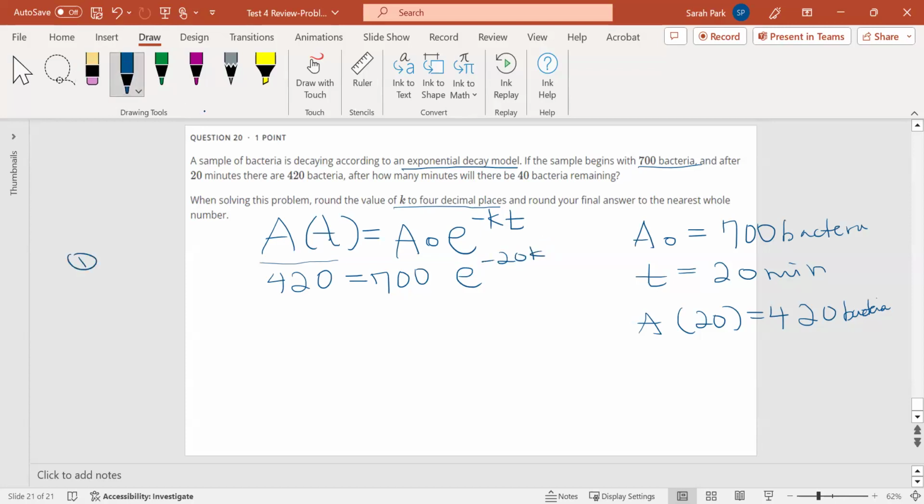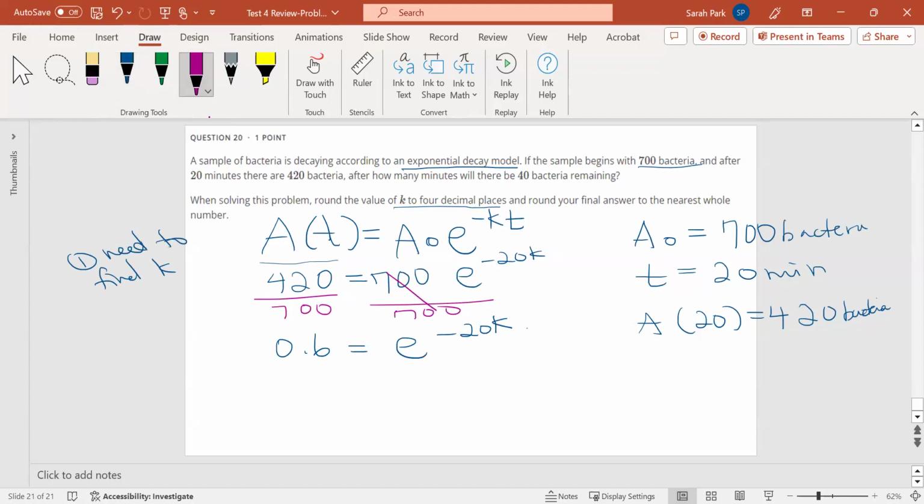Okay, so first we need to find our k value. We need to divide by 700. If we put it in the calculator, it would give us 0.6 is e to the negative 20k.